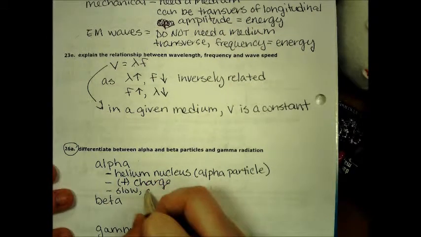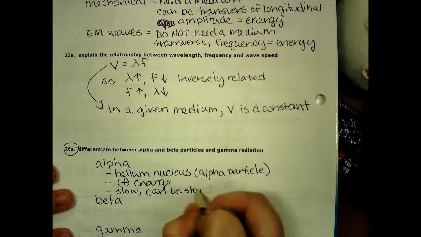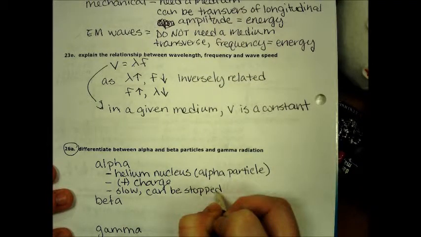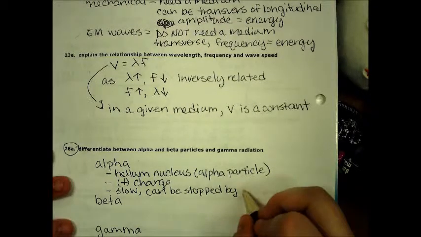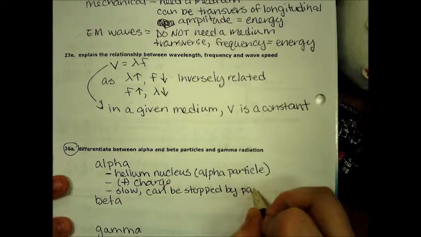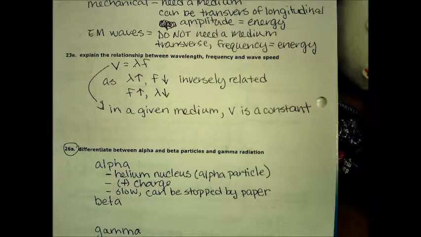They can be stopped by paper. So even if you are exposed to something that is emitting alpha radiation, you're not in much danger because it's not going to be able to make it through your clothes.